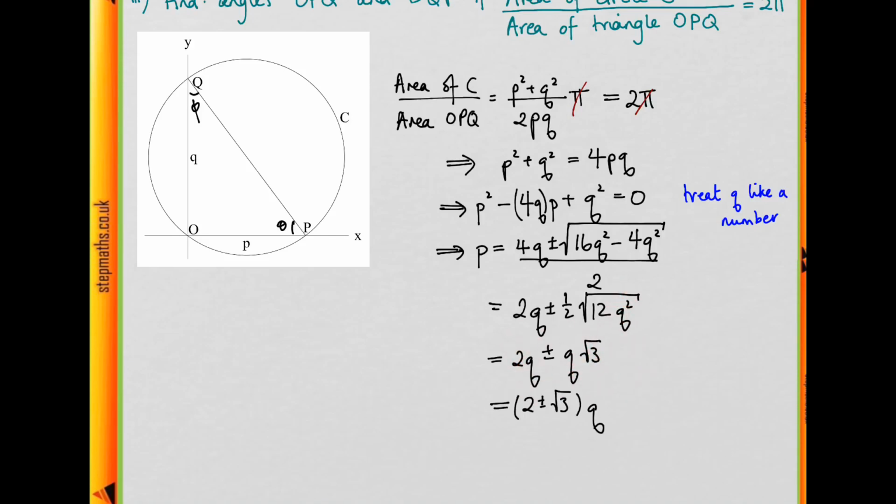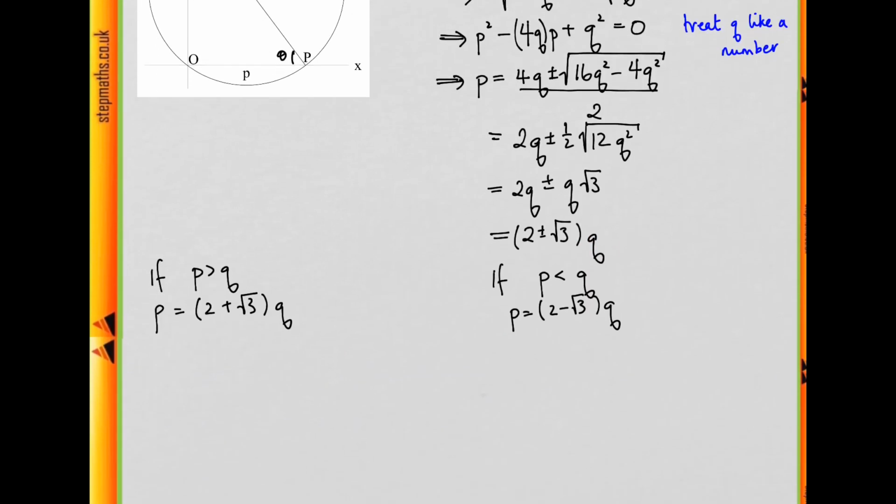And so we see that p is equal to (2 plus or minus root 3) q, and whether it's the plus or minus here is going to depend on if p is greater than q or if p is less than q. So if p is greater than q, then we take the positive root here, and if it's less than q, we take the negative root.